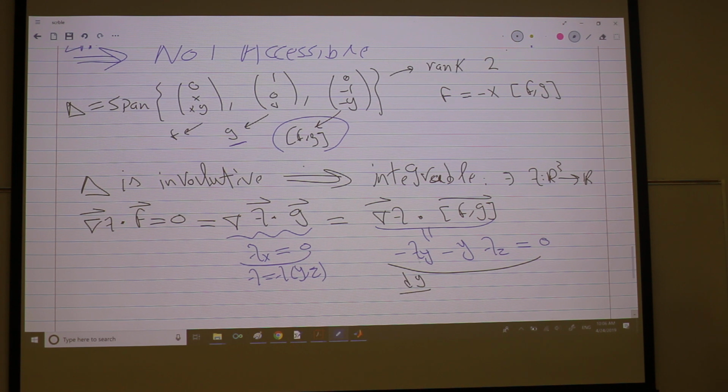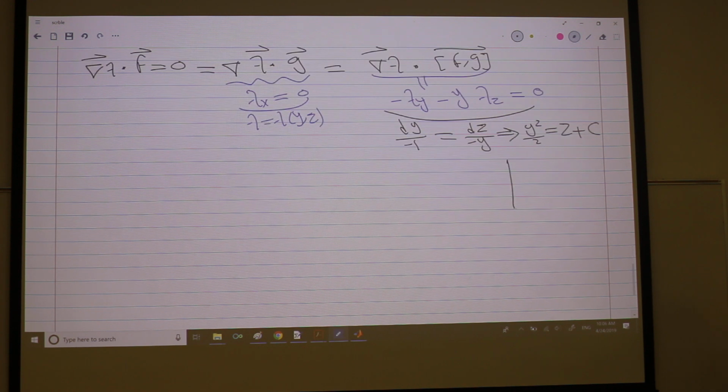dy divided by the coefficient equals dz divided by the coefficient, and I can integrate: y dy is y squared over 2 equals z plus a constant. So I have this guy here. This is x, this is y, this is z.